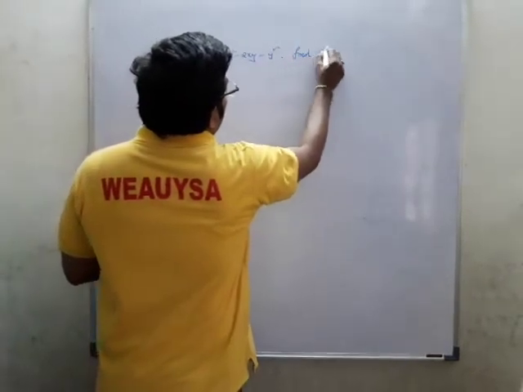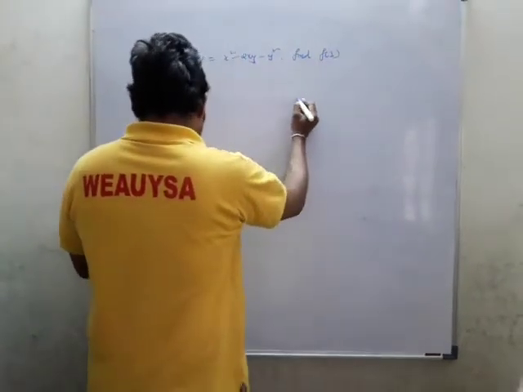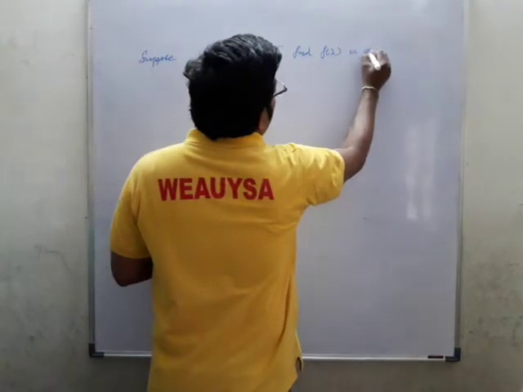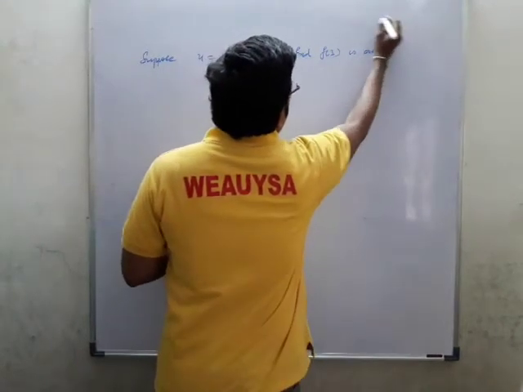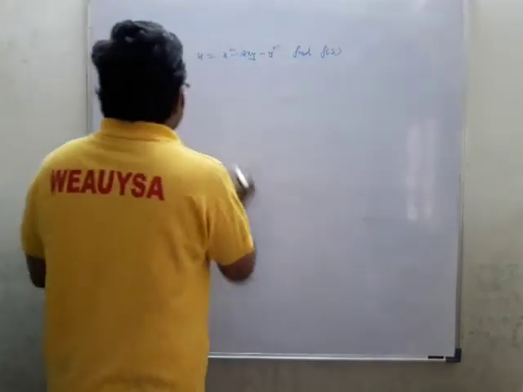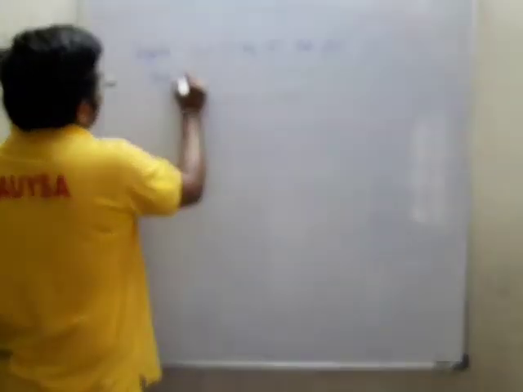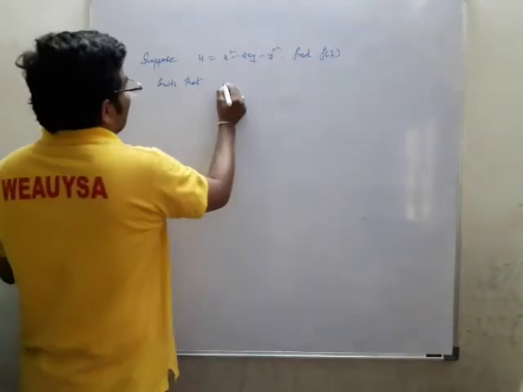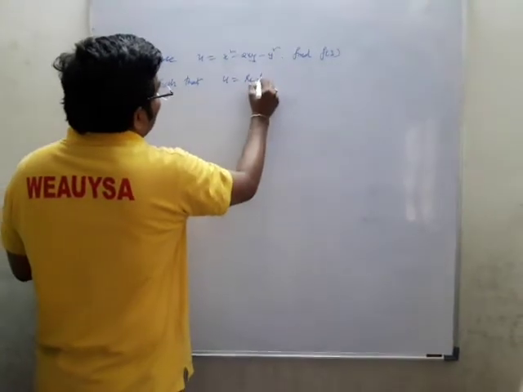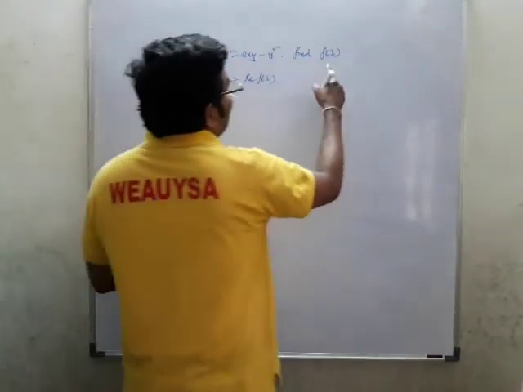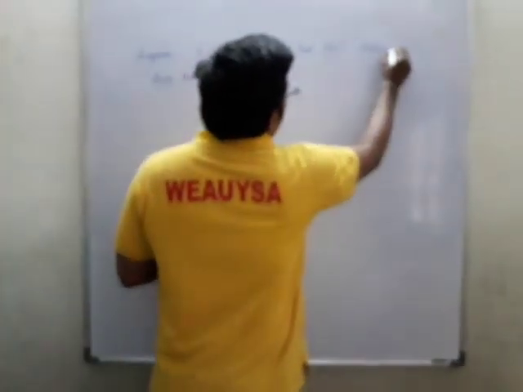Find f of z which is analytic, such that u is equal to the real part of f of z.